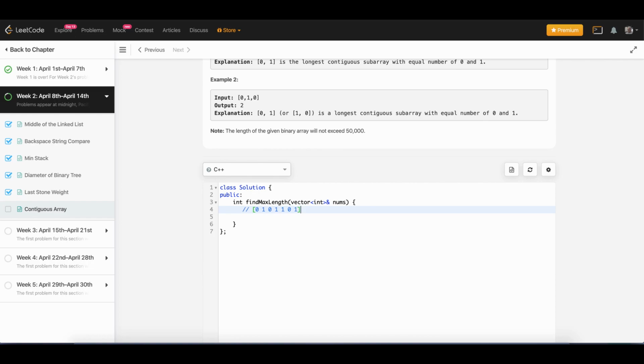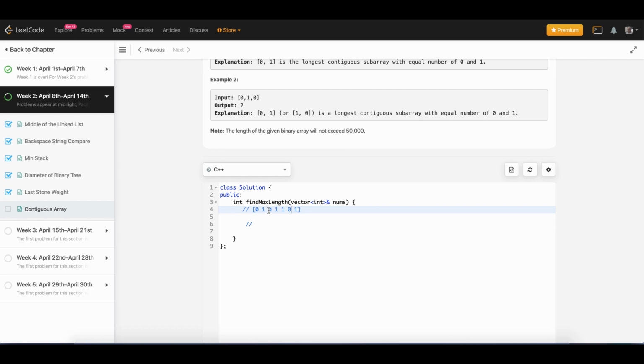Let's say 1. Now there should be equal number of 0 and 1, and so it doesn't matter whether the zeros and ones are contiguous. Overall the 0 and 1 should be equal in a contiguous subarray. So that means if we consider this, it is valid, and if we consider this, it is also valid, and we can also consider 0 0.